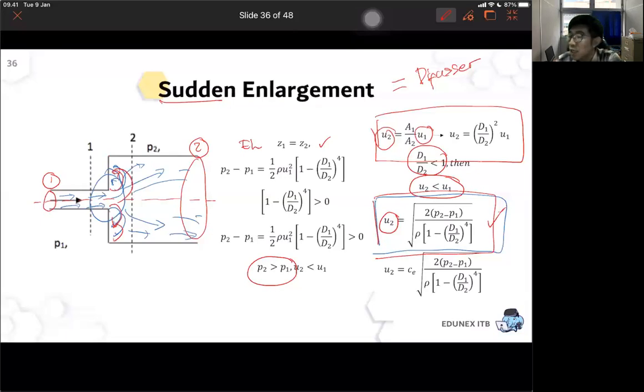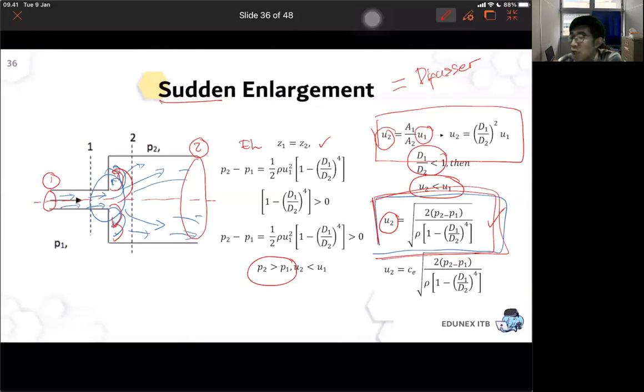The velocity at point 2 will be lower than the velocity at point 2 at the diffuser. This is due to this one. But now we only consider the ideal Bernoulli. So we assume that the velocity at point 2 for the diffuser and sudden enlargement is the same, as long as the diameter ratio, or the size of the diameter inlet and outlet, are also the same.